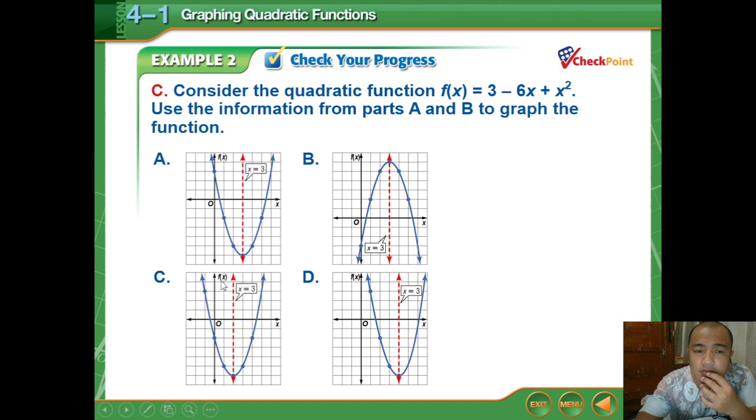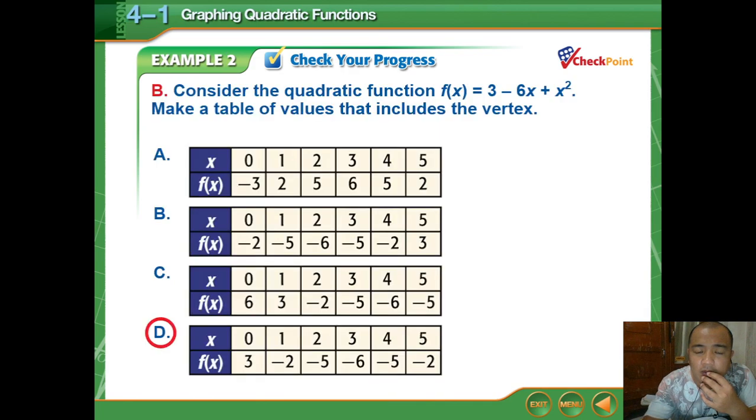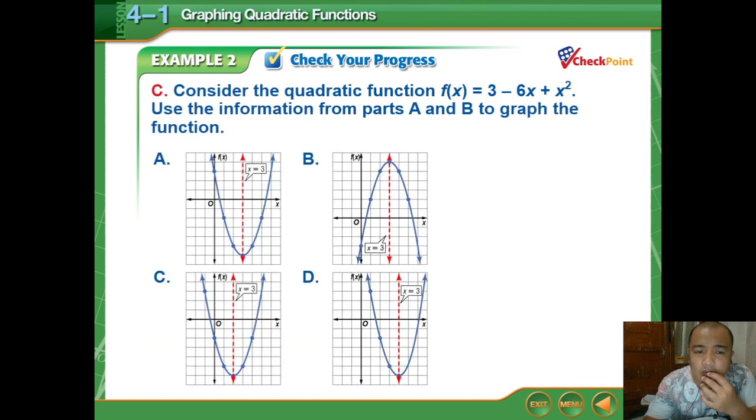The axis of symmetry is x equals 3. From the table of values, we have 0, 3. Only A passes through 0, 3, which is the y-intercept. So the answer is A.